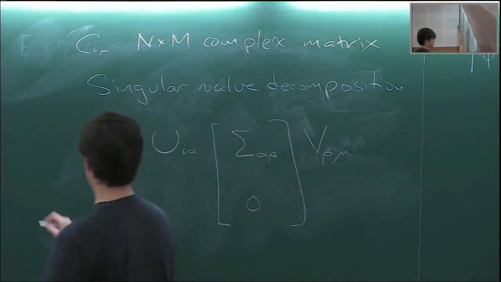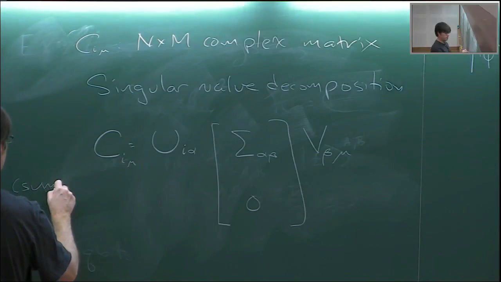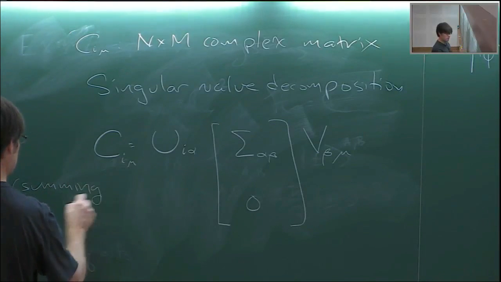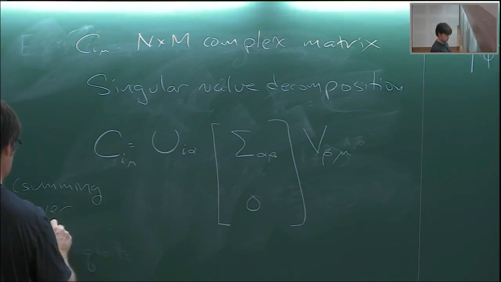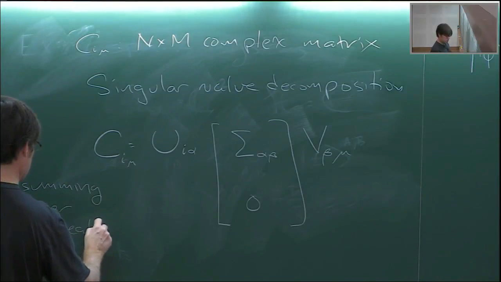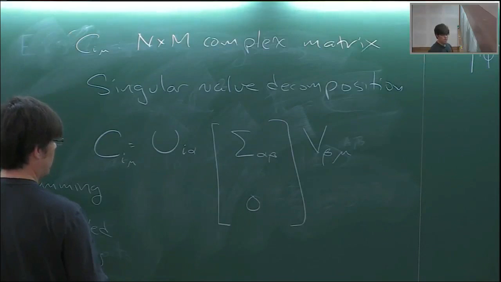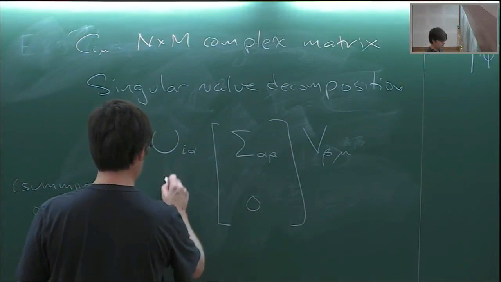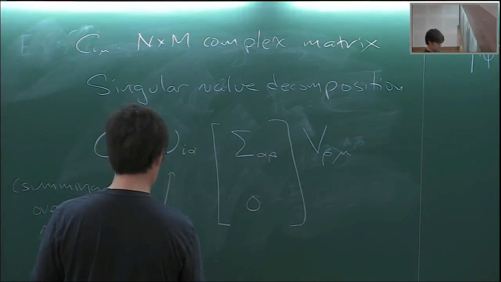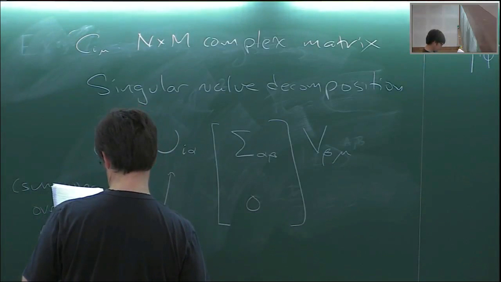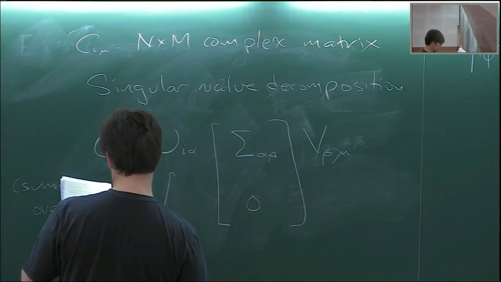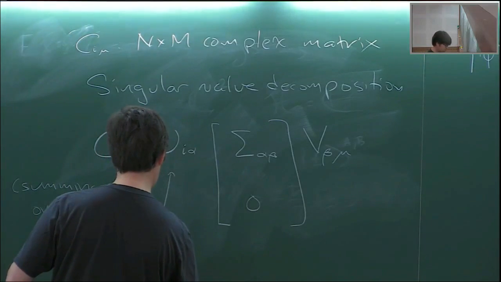Here I'm summing over repeated indices. This is an n by n unitary matrix.